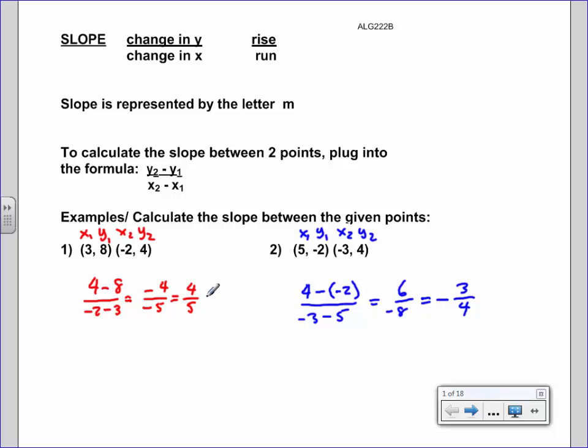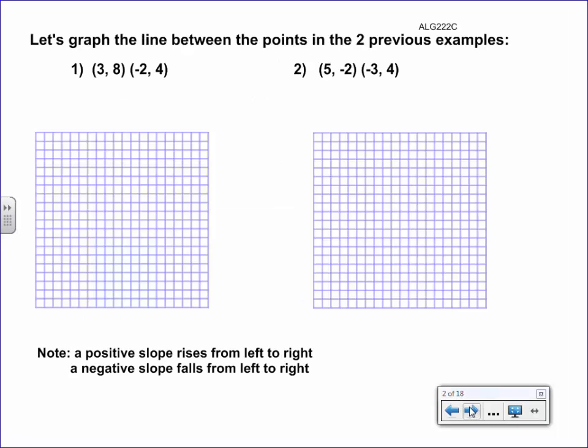Okay, so we have a slope, and this one was 4/5. It was a positive slope. And this one had a negative slope of negative 3/4. Now we're going to go ahead and graph those ones from the previous example.